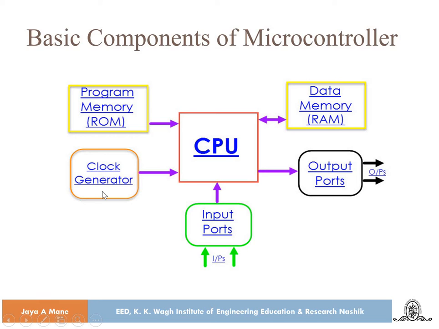The clock generator is an integrated part of your microcontroller, which is required to have synchronism with the program's execution, with the instruction executions, and with the applications. So clock pulses are there everywhere in the microcontroller. So the clock generator is required for that purpose.